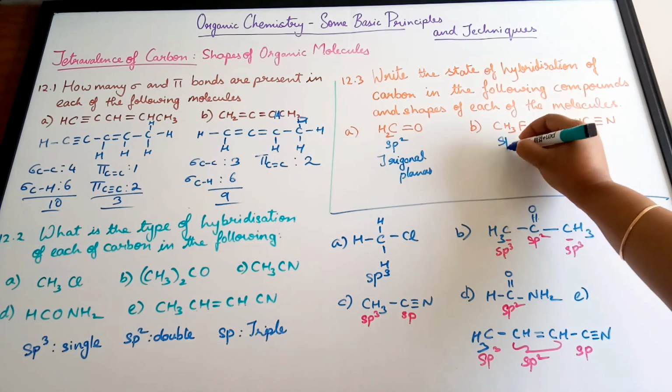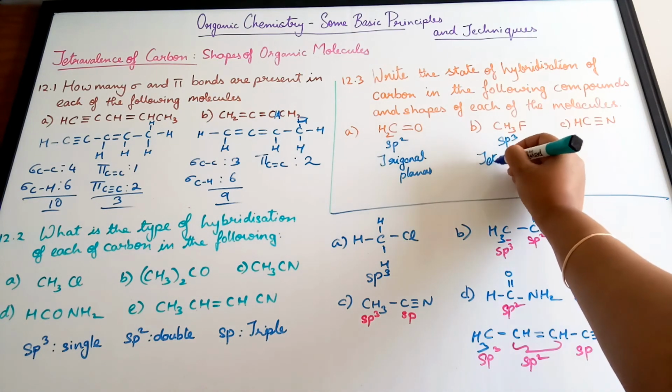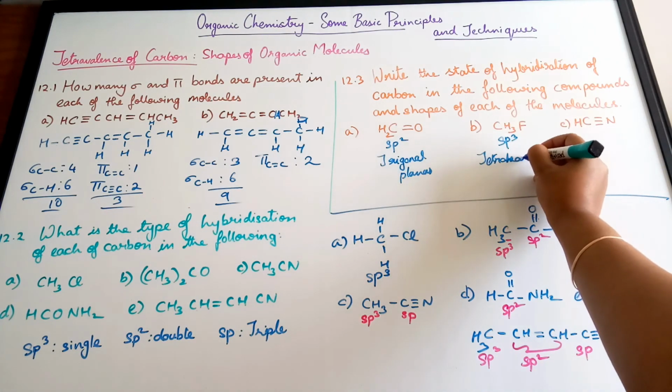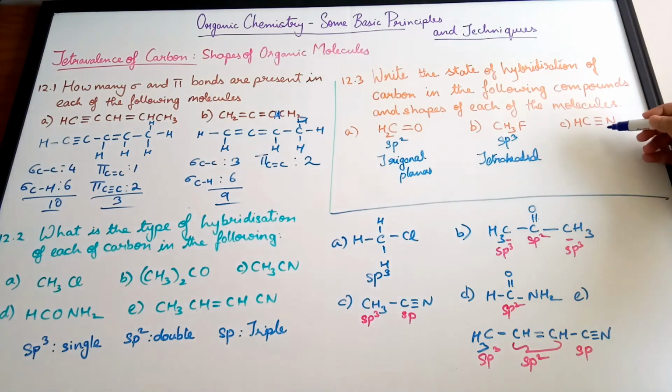So hybridization is going to be sp3 and the shape is going to be tetrahedral. The third one, you have CH triple bond N, which means the hybridization is sp and the shape is going to be linear.